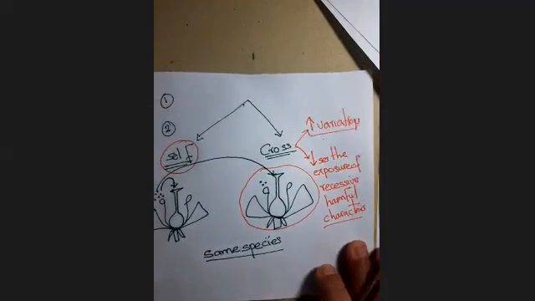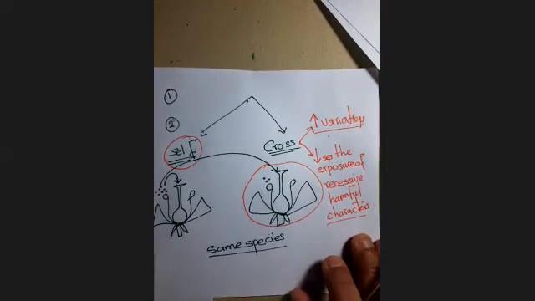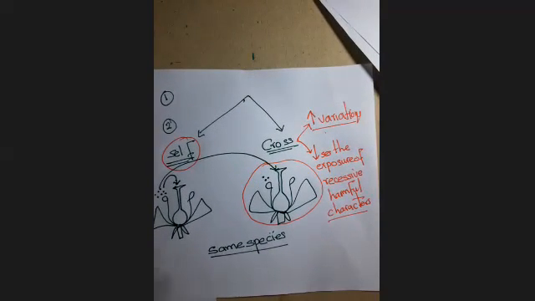What about the amount of variations in self-pollination? Less or more? Less. The chance for the exposure of recessive harmful characters is high.